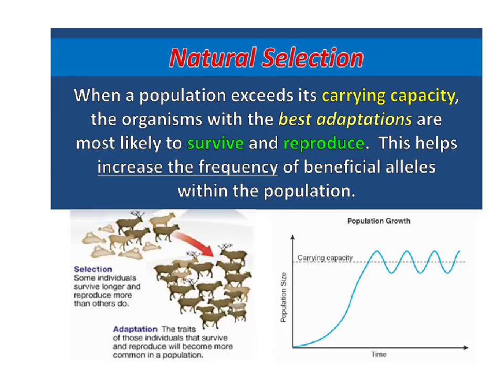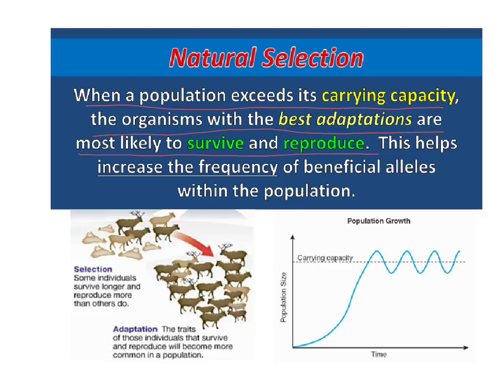When a population exceeds its carrying capacity, the organisms with the best adaptations are most likely to survive and reproduce. And that's the idea that I just explained on the previous slide. So this idea that your genes and the people or the animals with the best adaptations that are most fit to their environment are going to be the ones that can get those limited resources the best.